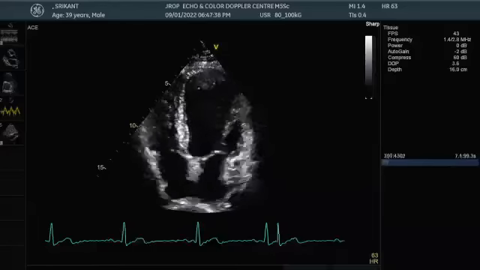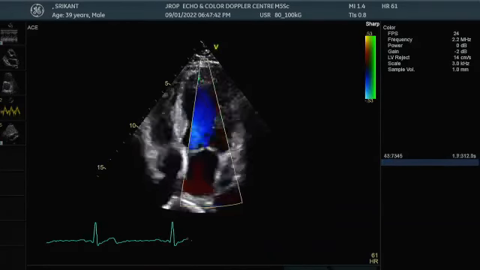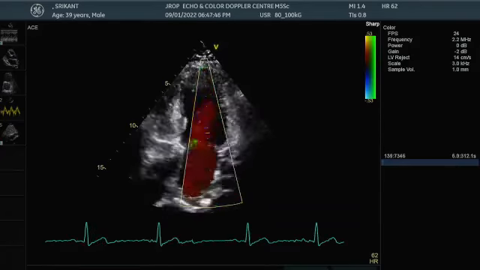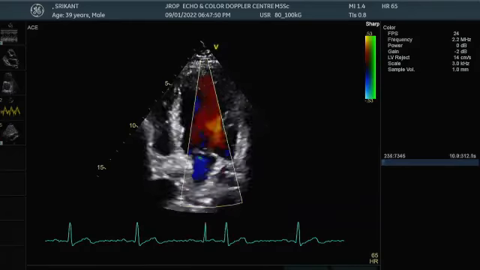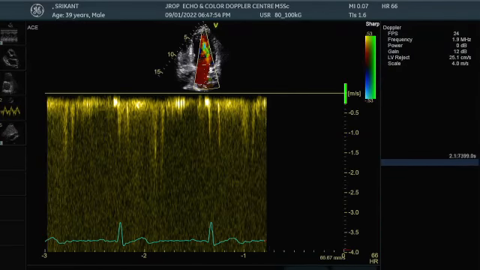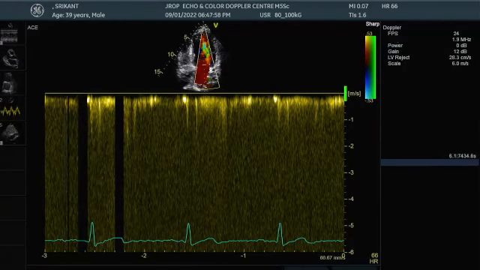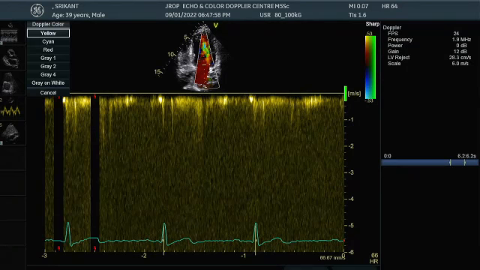We can do that. We have to go to 4-chamber view, switch on the colors, start looking for MR jet. Now I've got an MR jet. Here is an MR jet. So I'm going to switch on my continuous wave Doppler. If you look carefully, I'm going to change the colors.